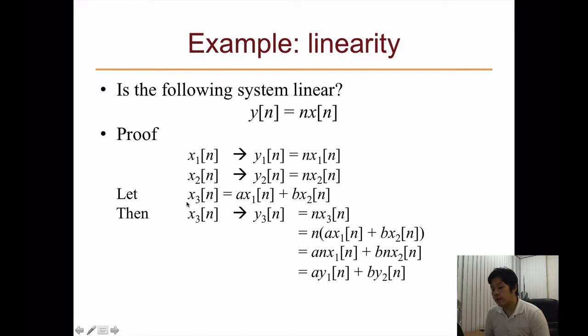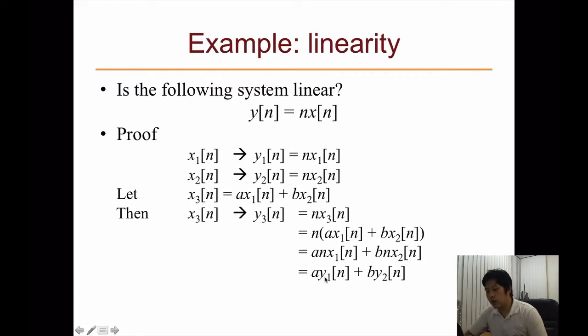Then let's assume that we have x3 equals a constant multiplied by x1 plus a constant multiplied by x2 as an input. If we give this input to the system, we get y3[n] equals n x3[n]. Then x3[n] equals a x1 plus b x2, and multiplying n inside, you get a n x1[n] plus b n x2[n]. This a n x1[n], if you look above, is a y1[n], and b n x2[n] is b y2[n].